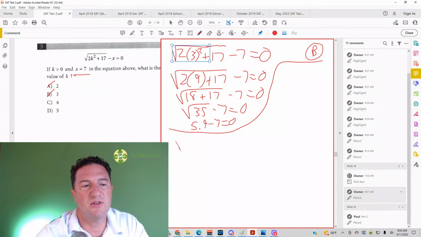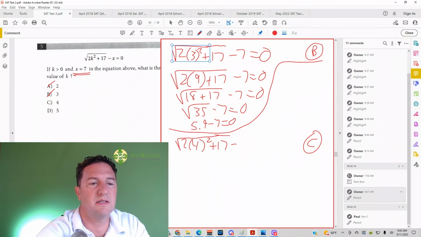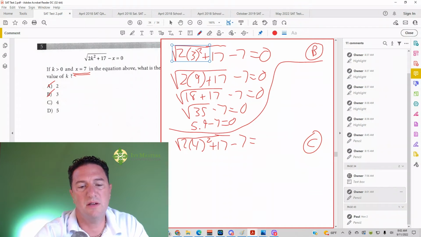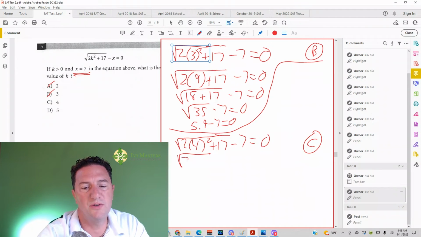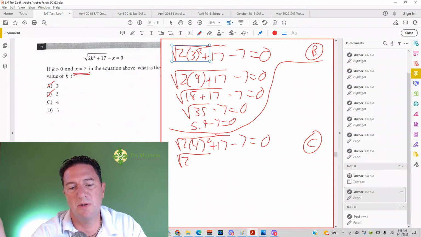Now we've got the square root of 2. It's asking for the value of k, so I'm going to put the 4 in place of k if I'm testing out answer choice C here. 2 times 4 squared plus 17 minus, and then up top it tells you that your x is 7. Minus 7 equals 0. Square root of 2. Remember PEMDAS, please excuse my dear Aunt Sally, parentheses first.